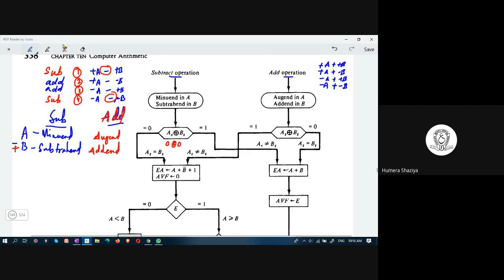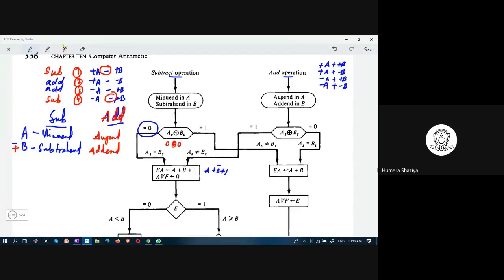If the sign bit of A and the sign bit of B are both the same, you perform subtraction. You see here it gives 0. When it is 0, you are performing subtraction. How do you implement subtraction? You implement subtraction by A plus B complement plus 1. This is subtraction. And addition overflow is set to 0.